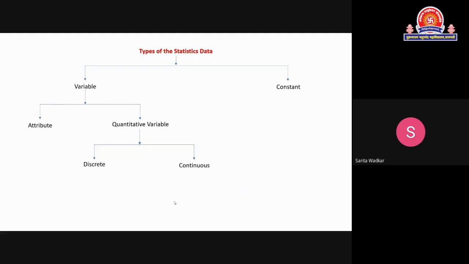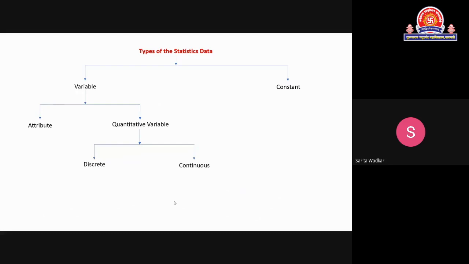Temperature also comes in a range, so it is also a continuous variable. Some common examples of continuous variables are lengths, areas, volumes, and angles. You can measure angles from 0 to 360 degrees. Whichever angle you are measuring, it is between 0 and 360, so it is a good example of a continuous variable.